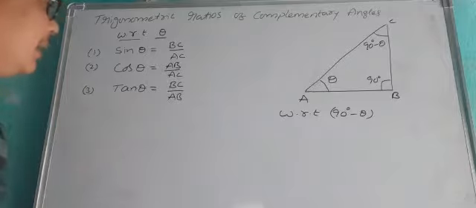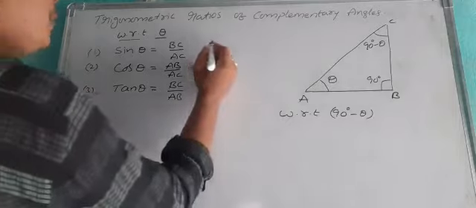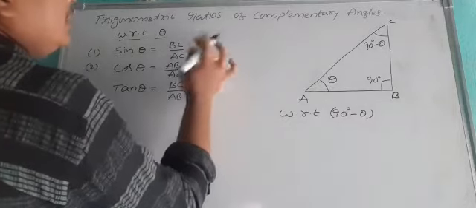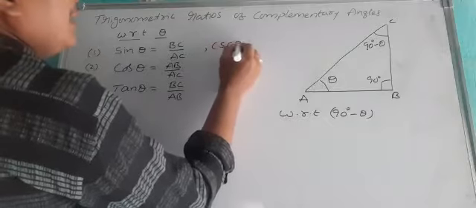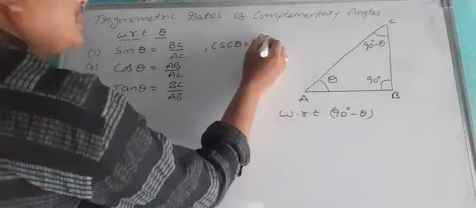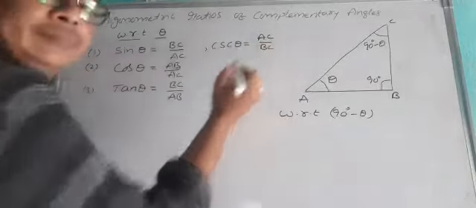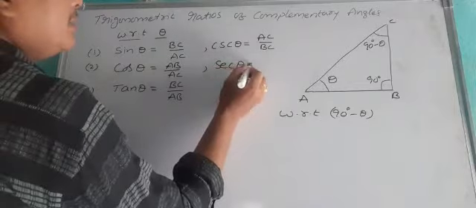Sin theta, cos theta, and tan theta, okay, and their reciprocals. What are they? Cosecant theta. Cosecant theta is the reciprocal of sin theta. That means AC by BC. Another one is secant theta.